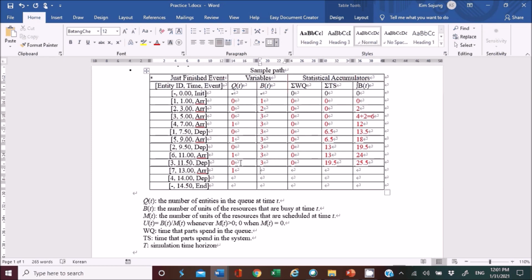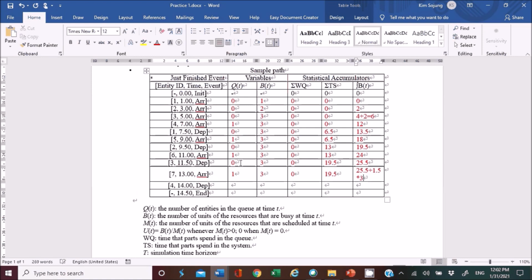All right. And 7, another arrival event for entity 7. Yes. And so that's why this value will be 1 and 3, right? And this is an arrival event, so you don't have to worry about tally statistics. And the last one is the time persistence statistic, right? So 25.5 plus what? 1.5 times 3, right?